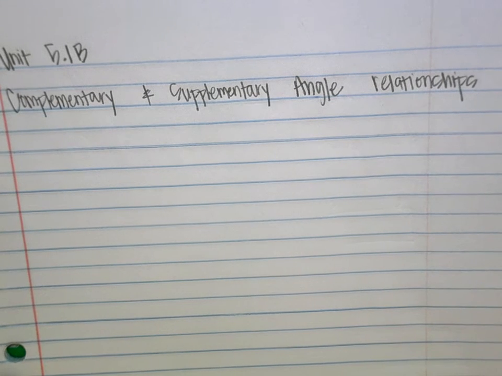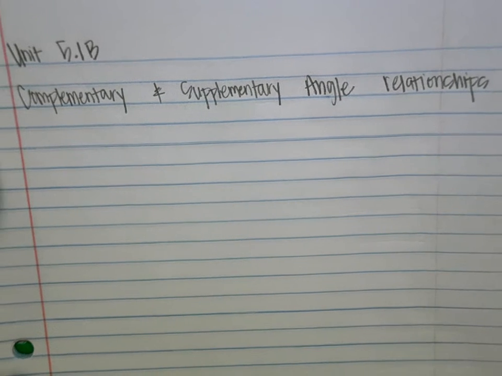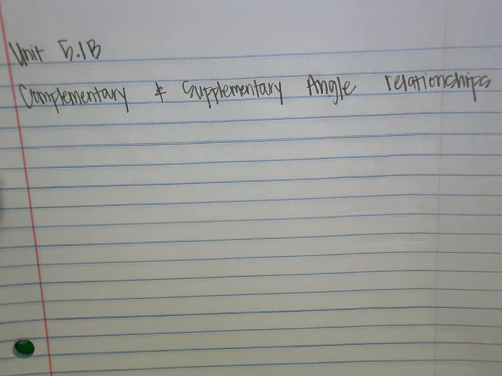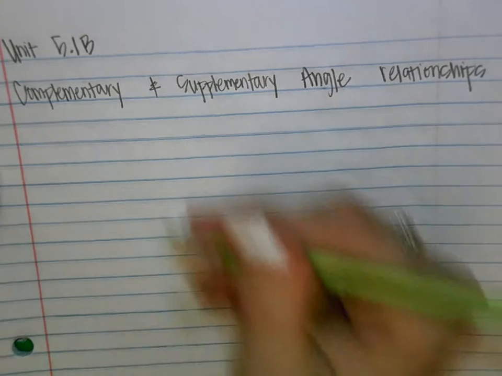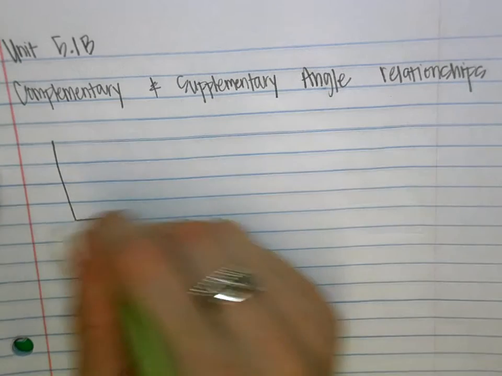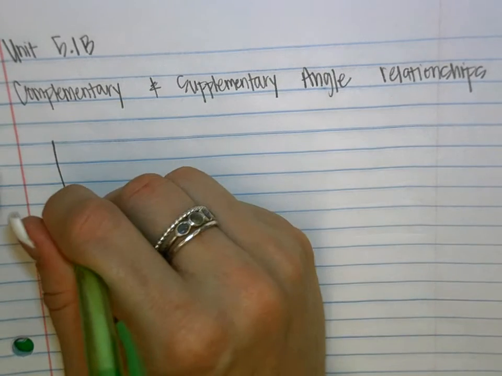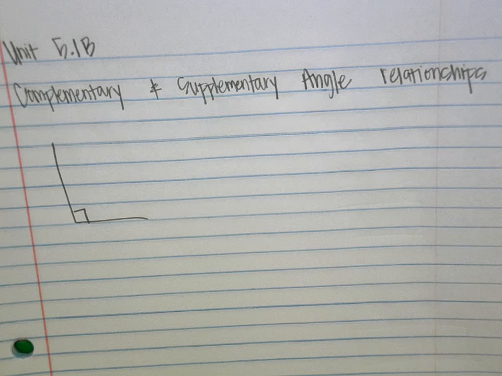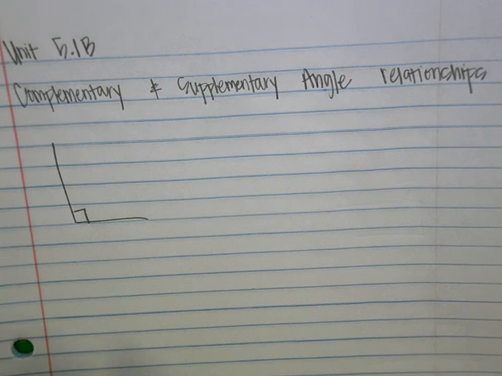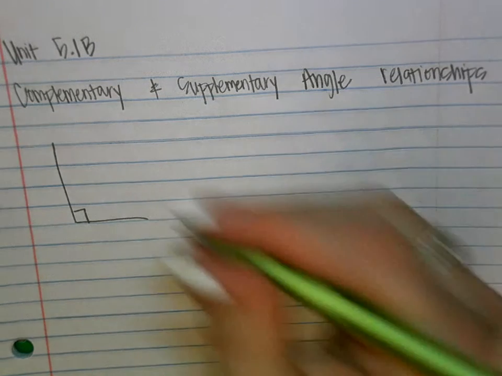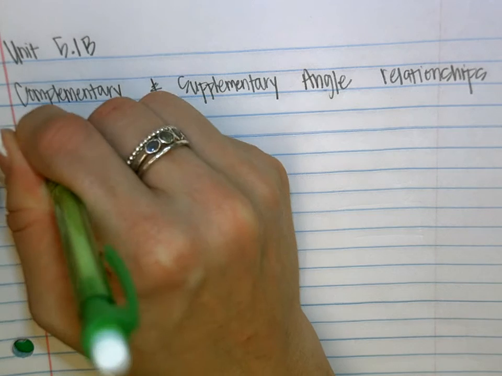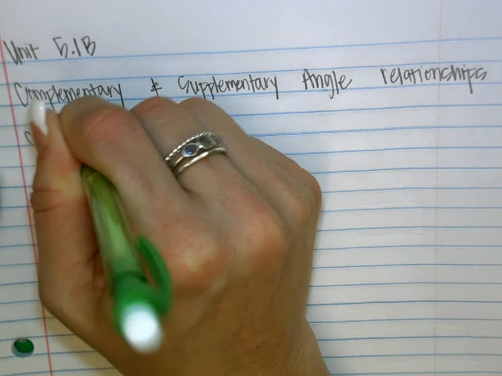Complementary and supplementary angle relationships. So first thing we're going to do is we're going to draw an angle. I'm going to put the box in the corner. And we're going to talk about complementary angles.